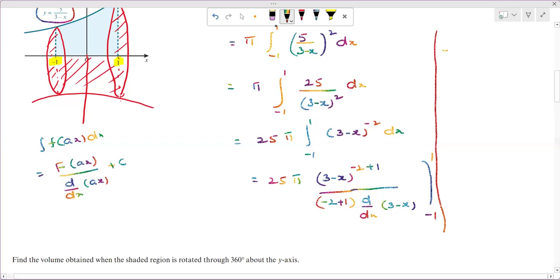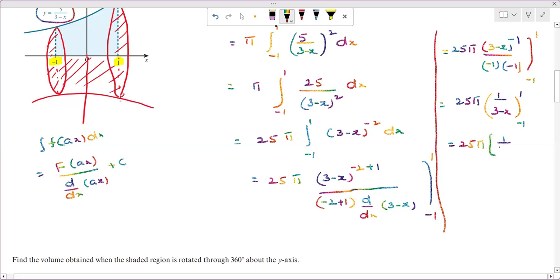See here. So it will be 25 times (3 minus x) to the power of -1, divided by -1 here. The derivative of 3 minus x is 0 minus 1, so -1. Now you apply the limits -1 to 1. Simplify this: minus and minus gives plus. It is 25 times 1 by (3 minus x), from -1 to 1. So 25 times the upper limit first, 1 by (3 minus 1), minus the lower limit, 1 by (3 minus of minus 1).